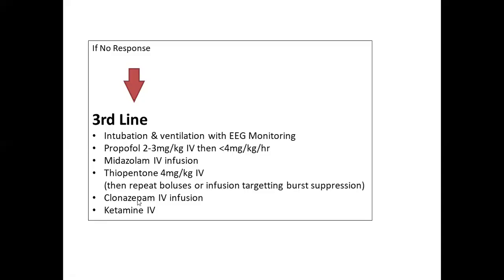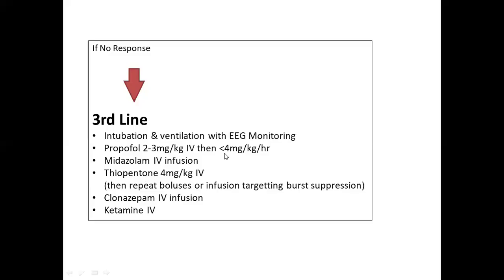To know that, we should always do continuous EEG monitoring while the patient is intubated. If there is any burst activity, meaning seizure activity, in the EEG, we should give these medications to do burst suppression, that means to suppress the seizure activity in the brain.